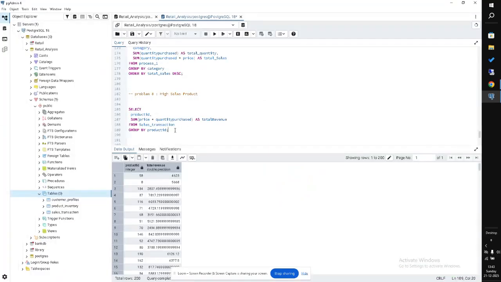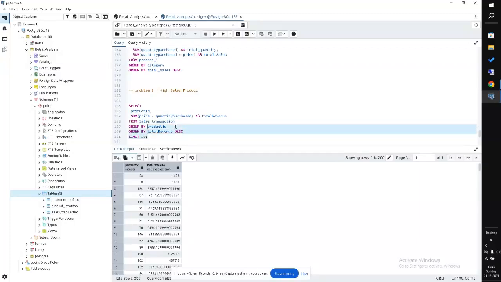So we will use order by and limit here. Limit is 10. No, we are not using limit 10 directly, because if we use limit 10 directly after group by, then we will not get the top 10 products actually. So we will first group by, then order by total revenue in descending order, then we will apply limit 10.